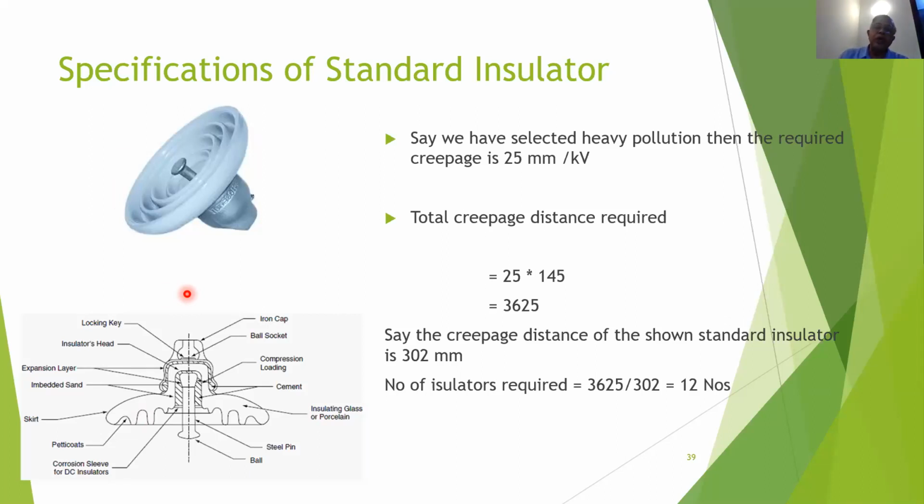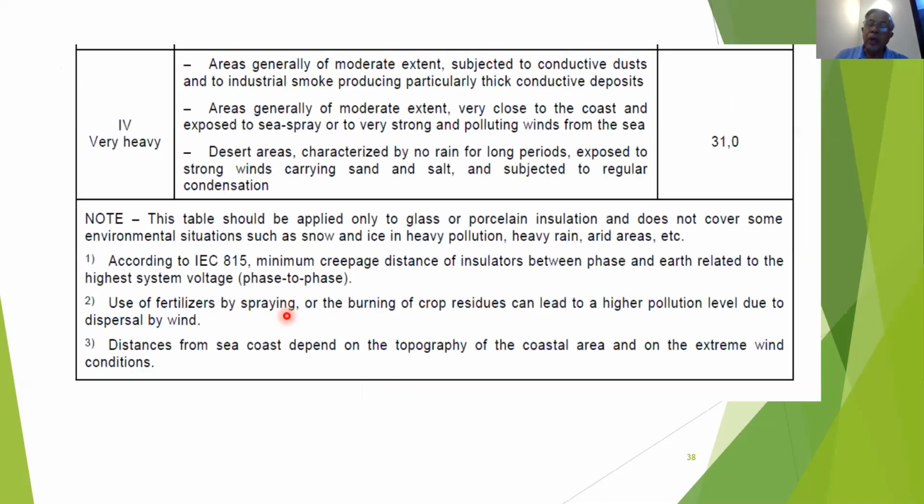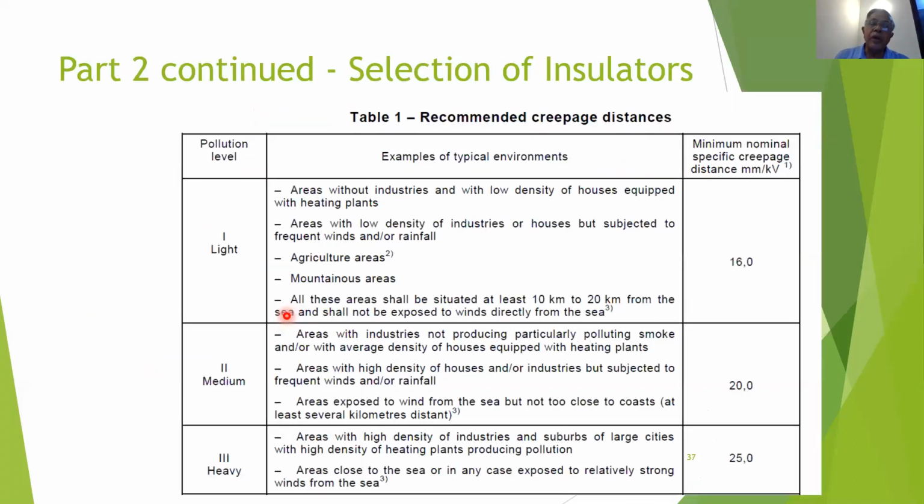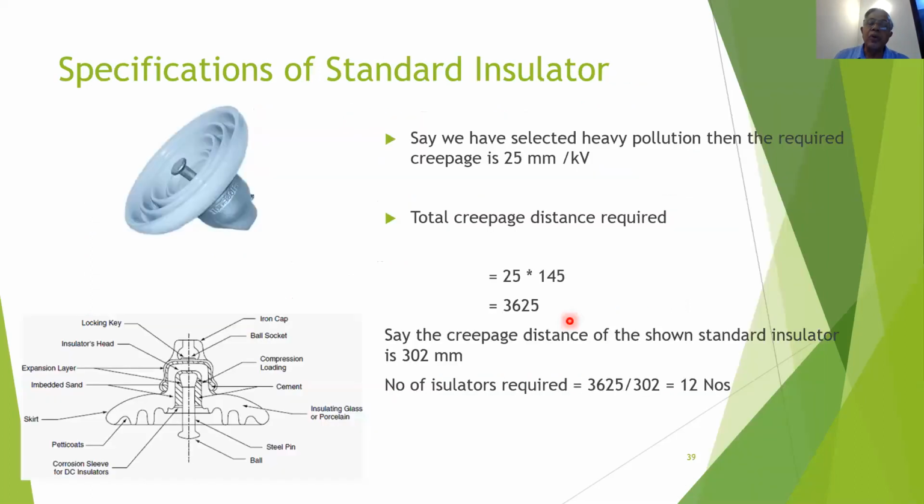Now if, instead of 25, you are using 20, then 20 into 145 goes up to 2,900 odd.